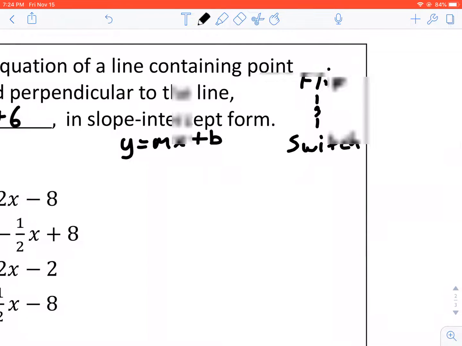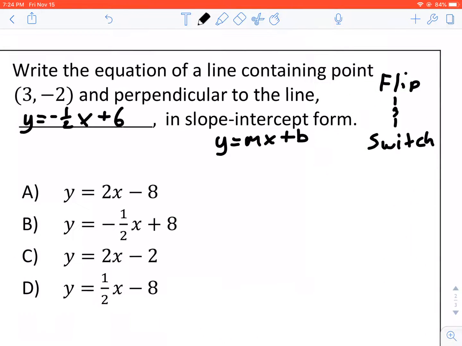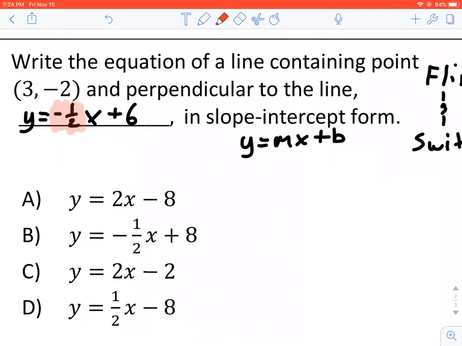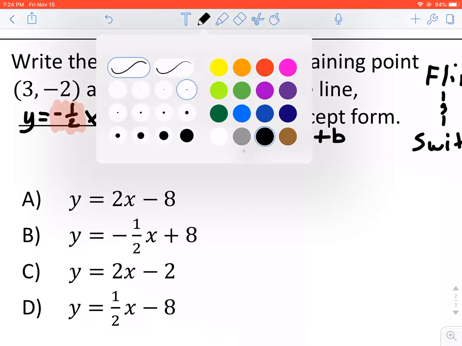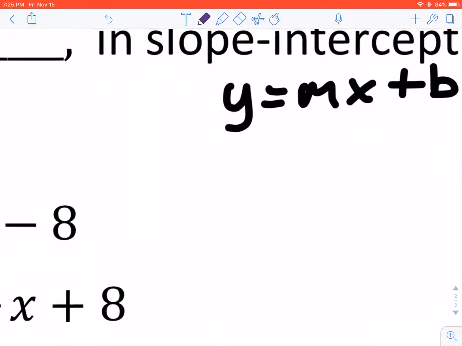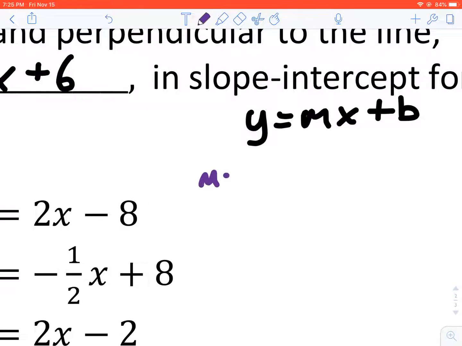What I mean by that is, let's write down our slope right now. This is the slope that they were referring to right here, this negative 1 over 2. So, let me rewrite that, negative 1 over 2. Let's do it in purple. So it says here that our slope is negative 1 over 2.